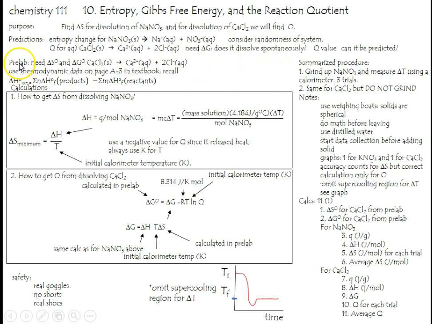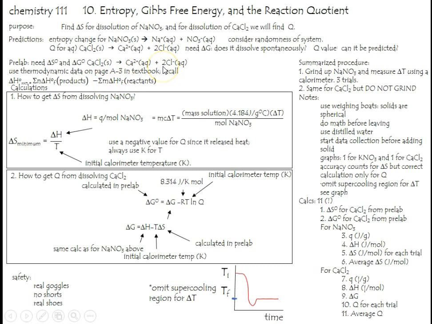Now, in the pre-lab, we asked you to calculate the standard entropy and free energy change values for dissolving calcium chloride. The way you did this, I'm sure, was to look up the thermodynamic data on page A3 in your textbook, and then recall that any of these types of standard changes, be they entropy, enthalpy, or free energy (I chose enthalpy there, but you could replace that just as easily with an S or a G) is equal to the sum of the formation data of the products minus the reactants, each multiplied by their coefficient.